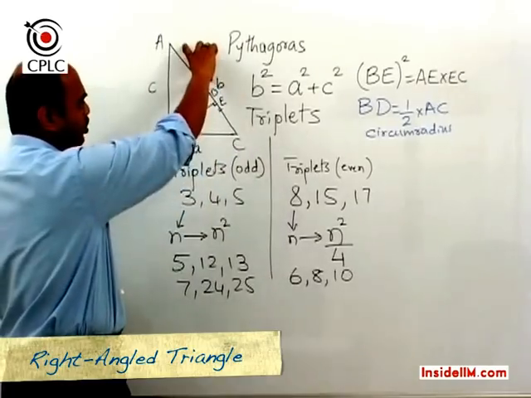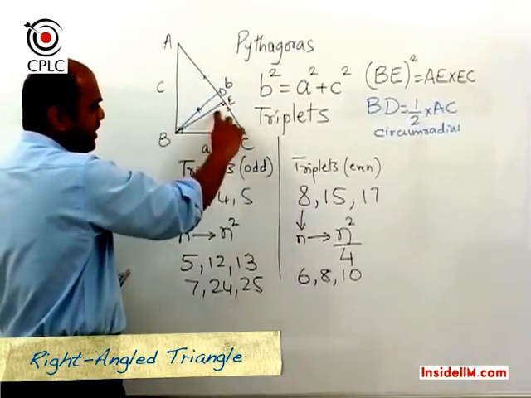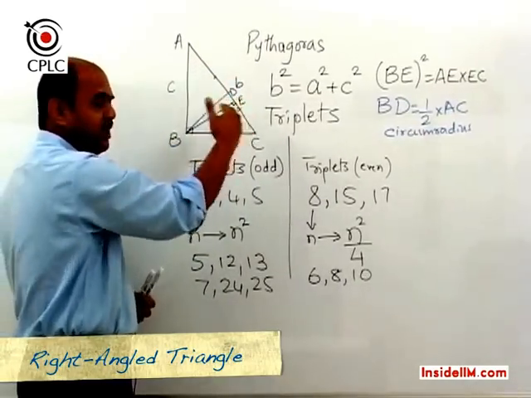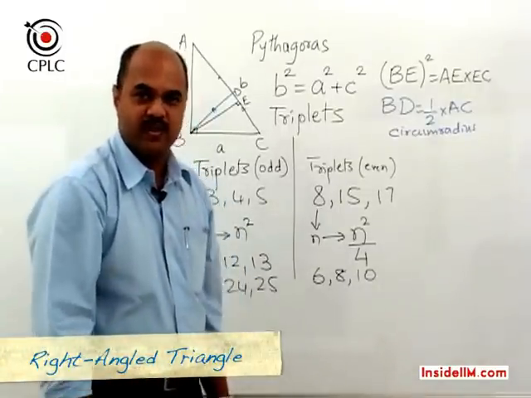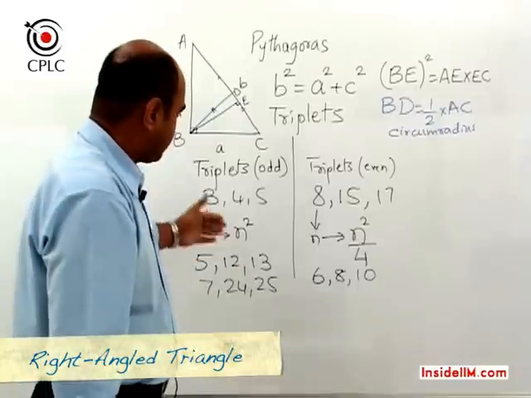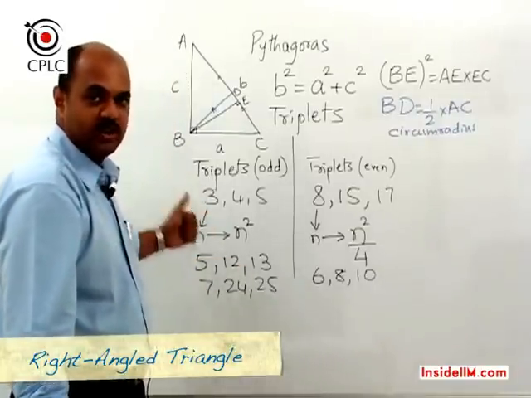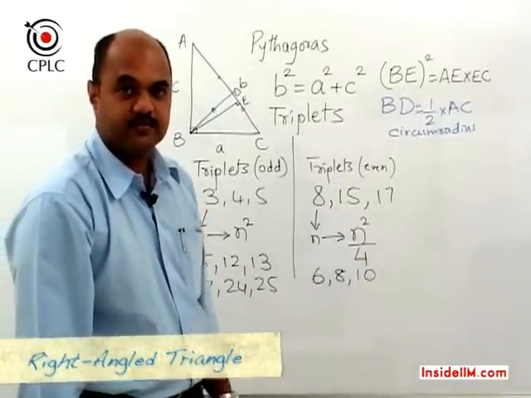AC gets divided into AE and EC, and BE square is equal to AE into EC. Extremely useful properties for right angle triangles, and especially triplets. If we know them, we save a lot of time.